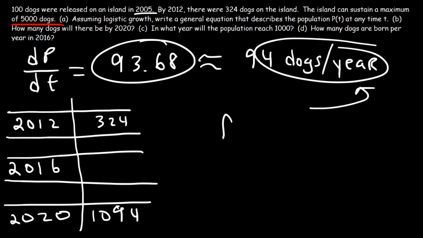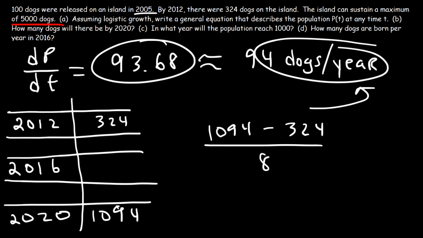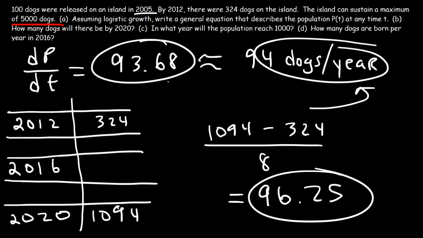In 2020, the population is 1094. In 2012, it is 324. 2020 minus 2012 is 8. 1,094 minus 324, that's 770. Divided by 8, this will give you an average rate of change of 96.25, which is very close to 93.68. It's a little bit off, but it's not too far away.